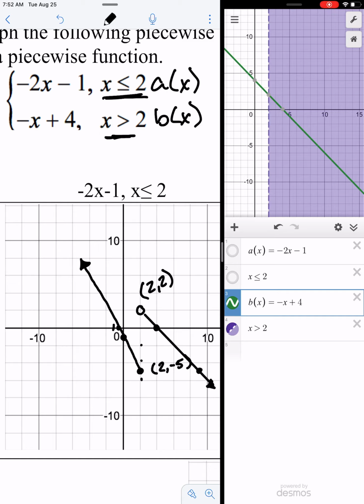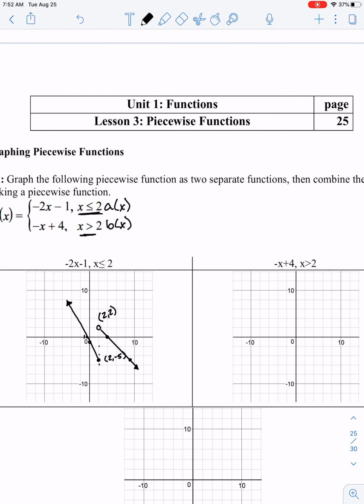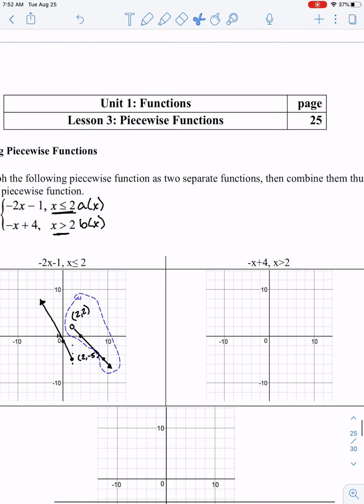Whoops. So I actually did this entire thing, which is okay. But if you see in my notes, I actually separated them into two different parts.